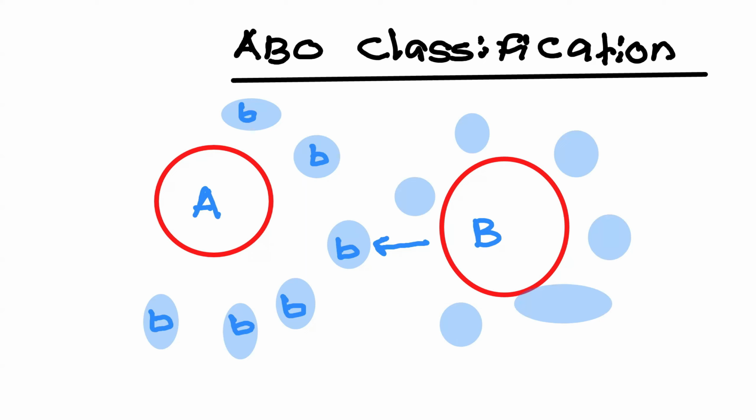Now B realizes that there is a threat from A. Therefore, I also want to create such a system. Now what is B doing? B also does the same thing.